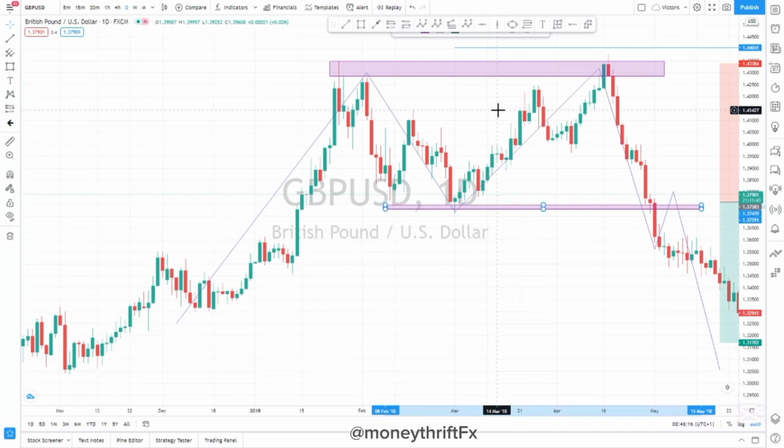It's not compulsory to use triangles as an Elliott wave thing. You can use them as a normal strategy, combined with other things on the chart, maybe a support and resistance, a supply and demand zone, etc.